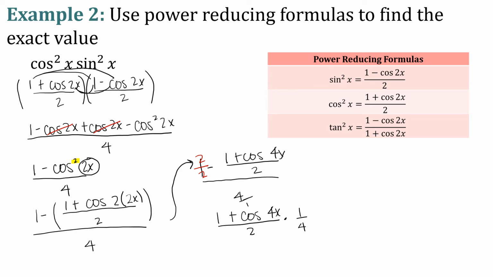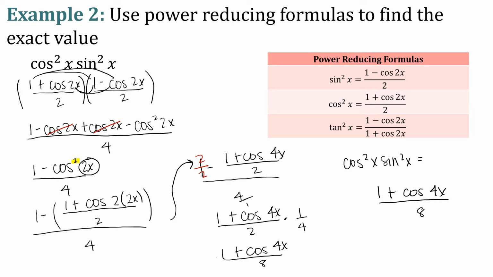So now we have 1 plus cosine of 4x all over 8. So cosine squared x sine squared x equals 1 plus cosine of 4x all over 8.